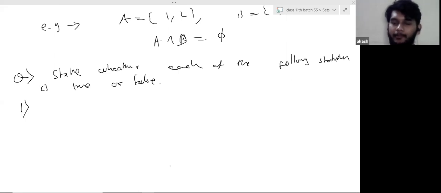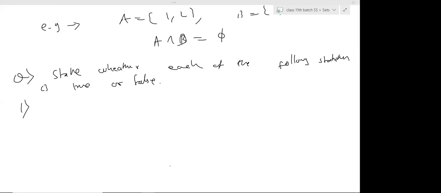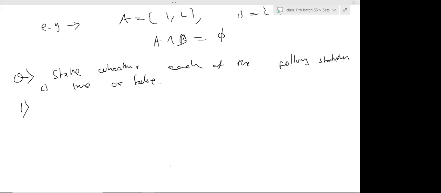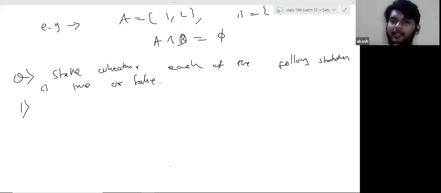I don't really know. See, why sets? Because in mathematics we like to categorize things, we like to talk about things. We like to categorize things that we see in nature, all the numbers and different things.